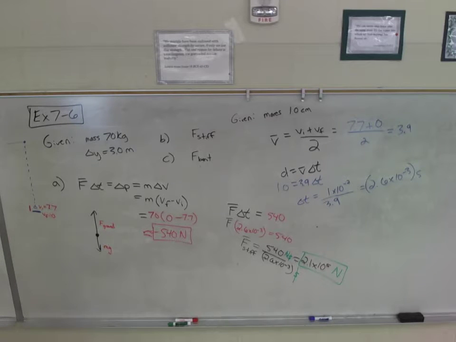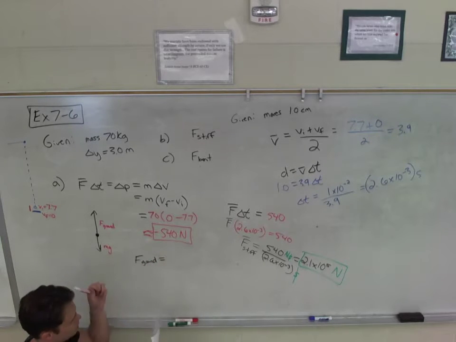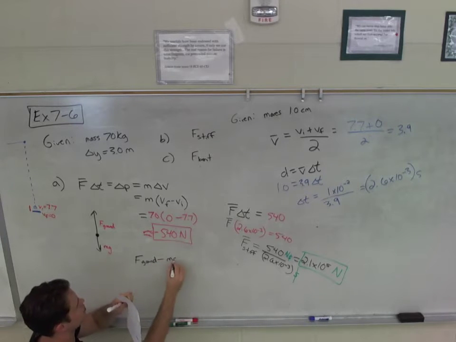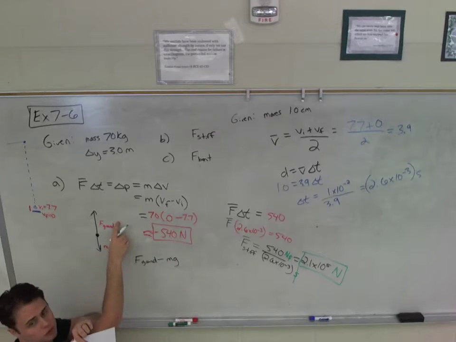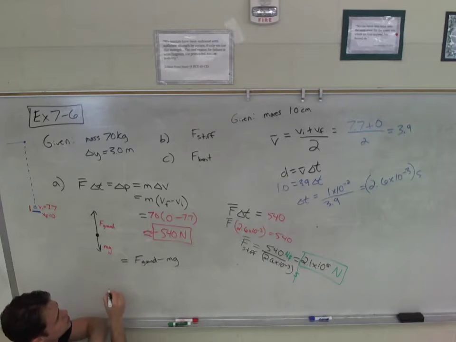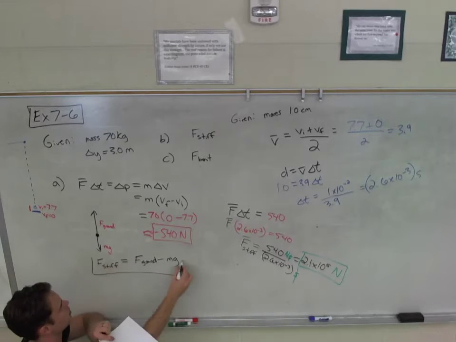So here's what I said. I said we're trying to really figure out the force exerted by the ground. So the force exerted by the ground is going to be minus that, right? Force exerted on the ground minus the force of gravity is going to be this stiff force that we had.